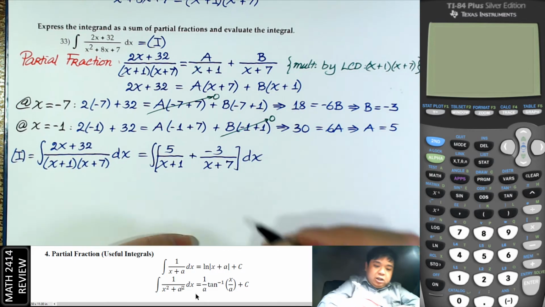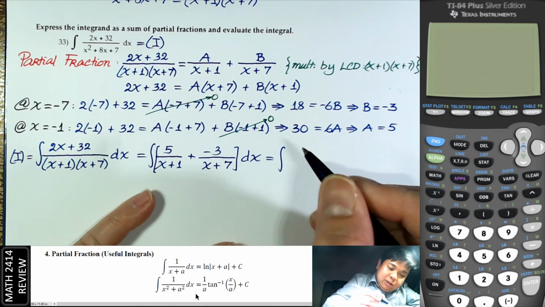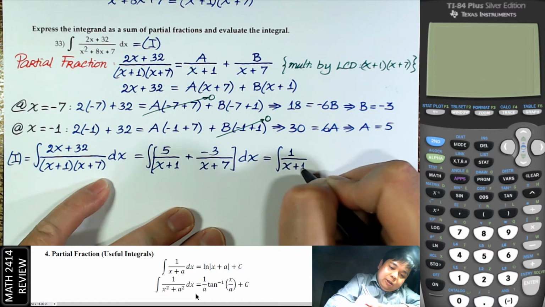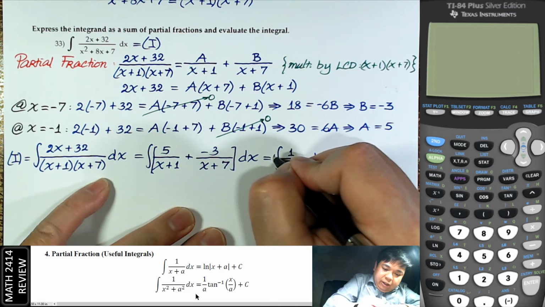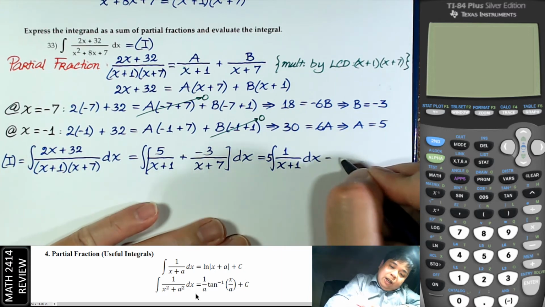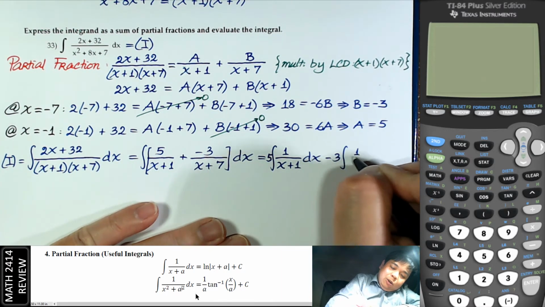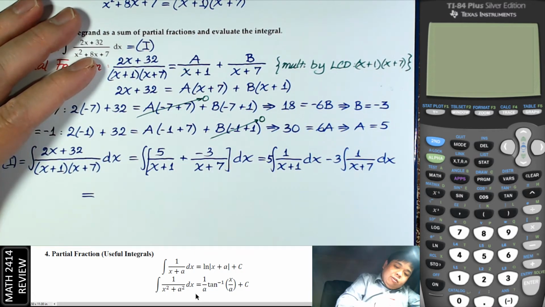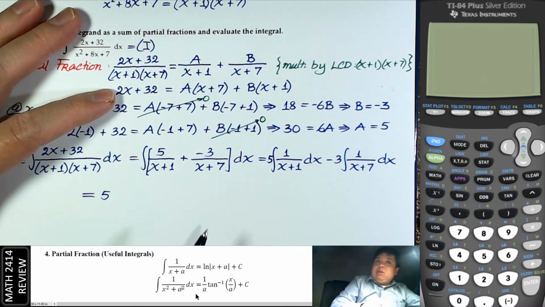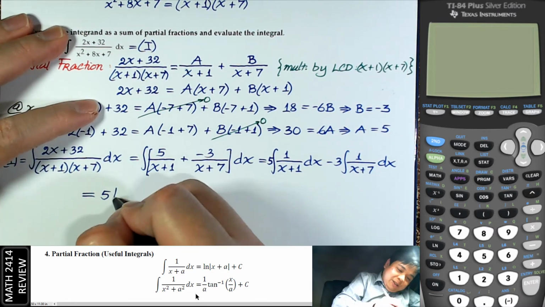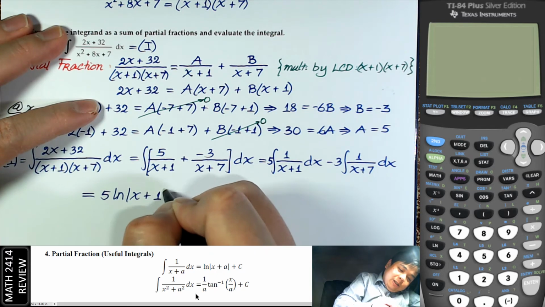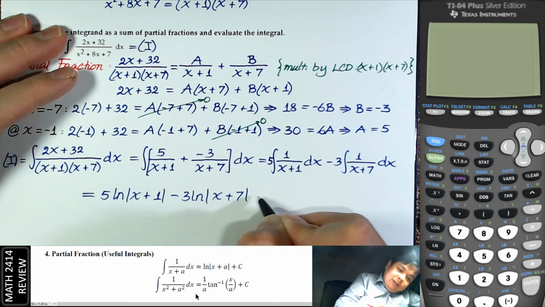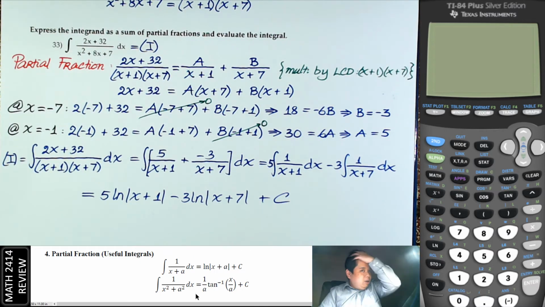Right, here we can just split. Put a 5 here, and then minus 3 times 1 over x plus 7 dx. Right, now that's just the formula: 5 ln of x plus 1 minus 3 ln of x plus 7 plus c. Right, that's simple enough.